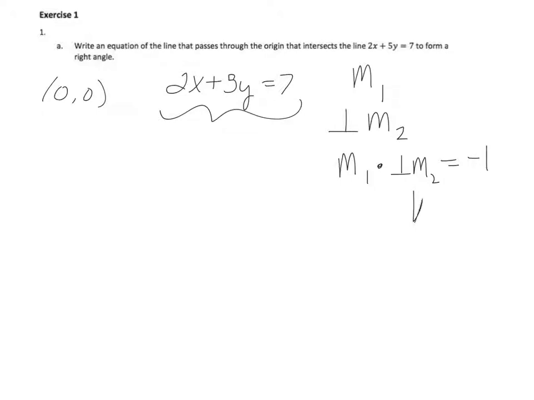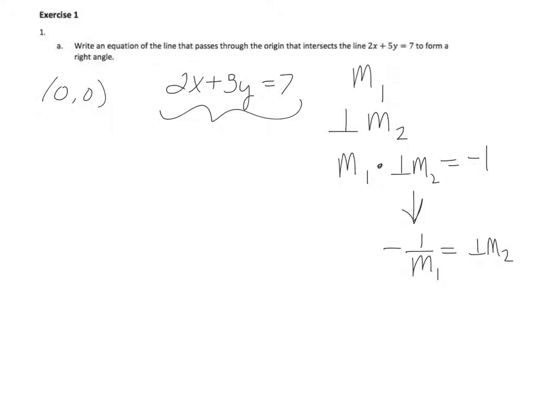My perpendicular slope is the opposite reciprocal of the original slope. So the opposite reciprocal of m1 is equal to my perpendicular m2. We'll get some numbers in there and hopefully it'll make sense.